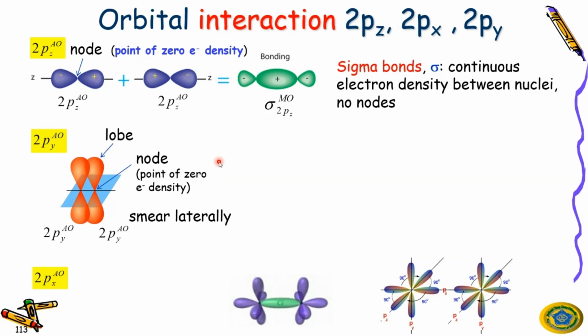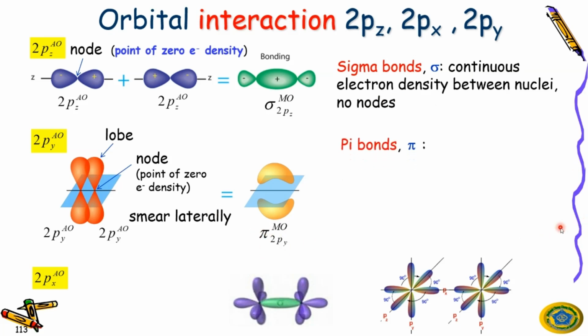This is called a node, which we already learned. It becomes like this, and this is the plane. There's no electron density here. This is called a pi bond.